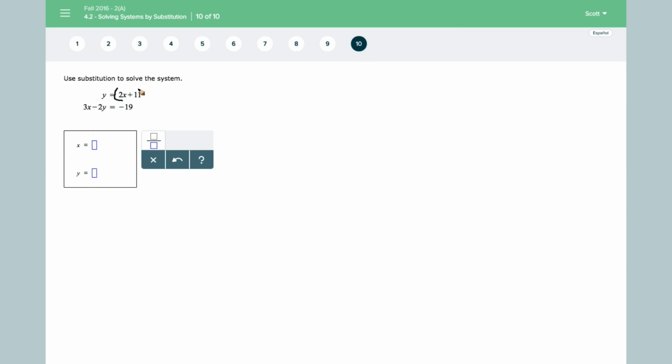We take 1 here. This is our y, so we take that and replace y with it, giving us 3x minus 2 times y equals negative 19. What is y? Y is 2x plus 11. So all I'm doing is plugging that in just right there.